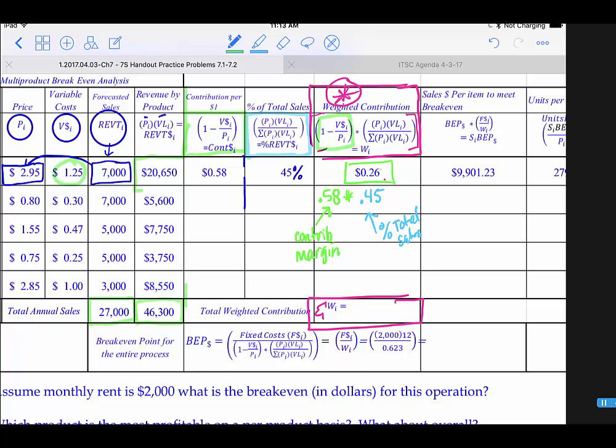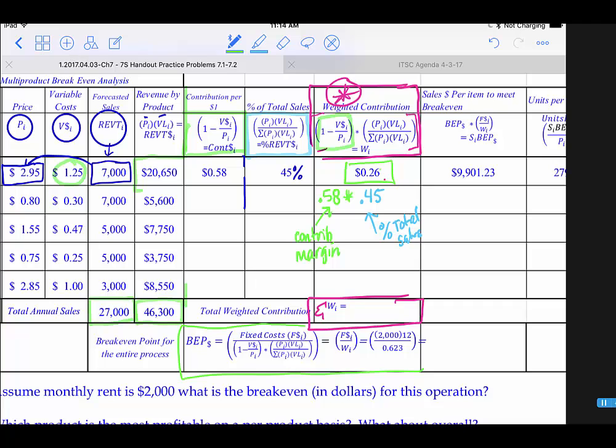What we're trying to do then is calculate that weighted contribution all the way down, and then sum it up, and that will give us the denominator of our break-even analysis. Because what we're trying to do is compute this formula right here, which is the break-even for the whole process.